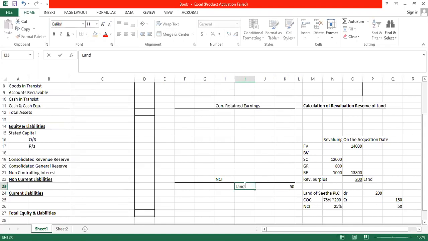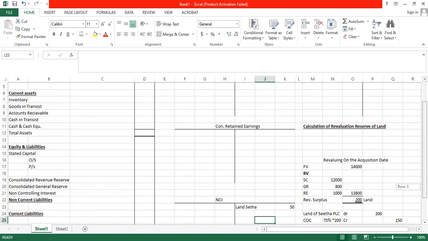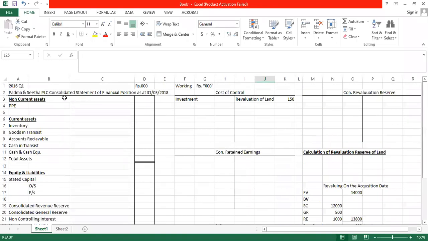It's debited to the land of Sita, right? Land Sita debit. So this debiting entry, you have to adjust when you are getting the summation of both companies' PPE. Under the PPE land value, you have to add this 200.